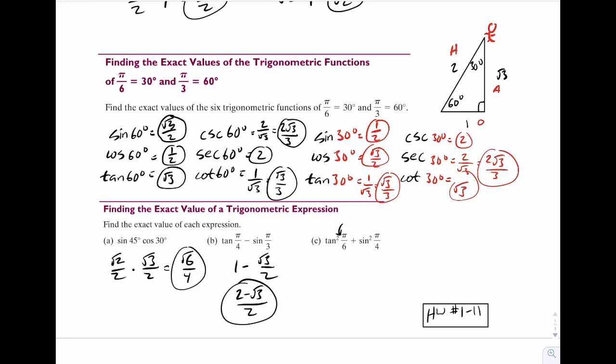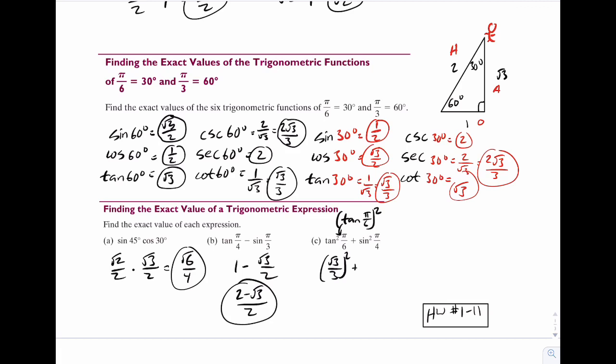Now this next part's important. Notice how it says tan squared pi over 6. In trig, we write it that way because otherwise it looks ambiguous if you just put the square root of the pi over 6, but just know that means find tan of pi over 6 and then square that quantity. So tan pi over 6 is root 3 over 3, so let's plug that in, quantity squared.